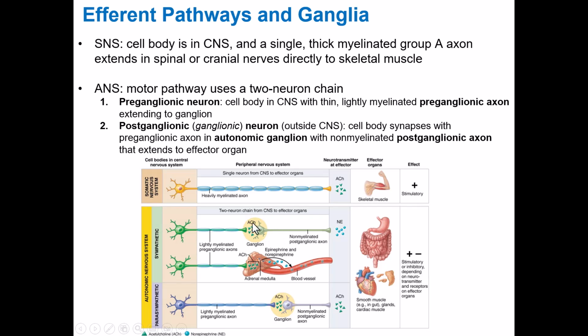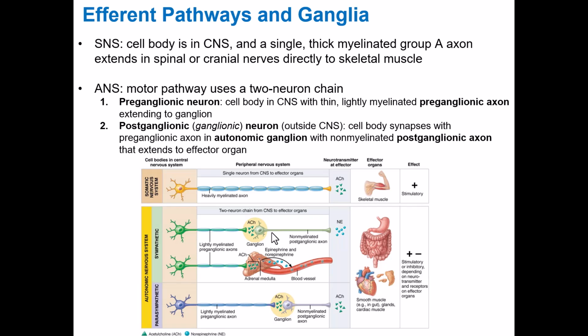And those cell bodies of the second neuron in each of these series will end up being localized in the same places. So you have these areas that have these collections of cell bodies. That is the ganglion. Also notice where the ganglia are, that is where the first neuron in this series meets the second neuron. So another way to think about a ganglion is basically a synapse, or where these two neurons are meeting.